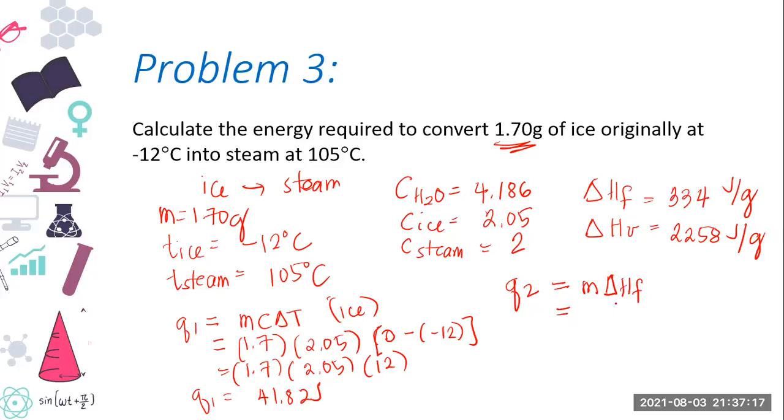So that's 1.7 times delta HF, which is 334. You can cancel the grams because it's joule per gram. We're getting Q2 at 567.8 joules. Again, don't worry if you've used different constants, let's say 2.11 and 4.18. I don't mind. I'll be the one adjusting when I'm checking your seatworks.